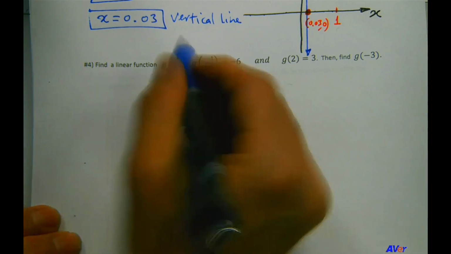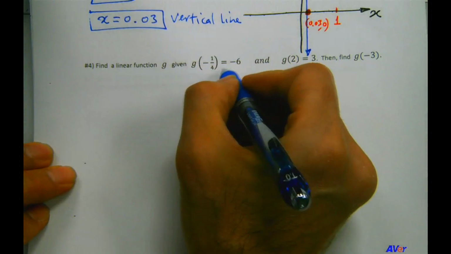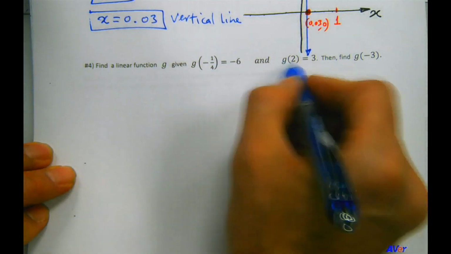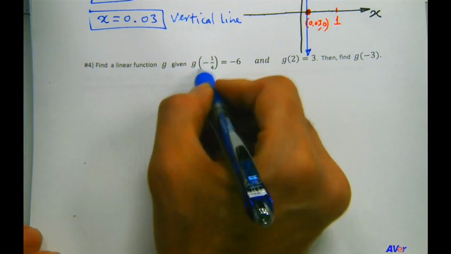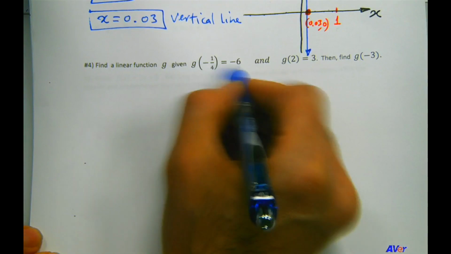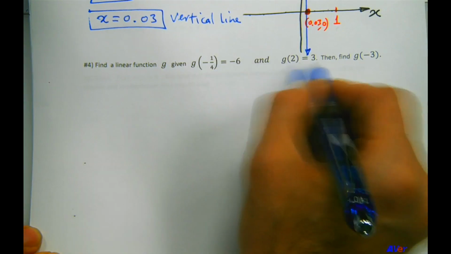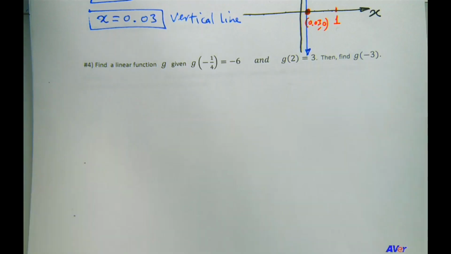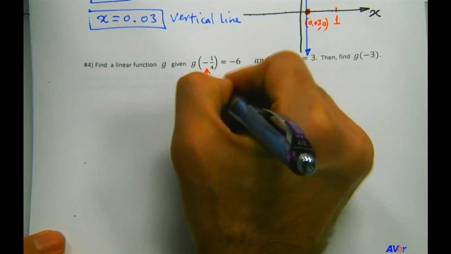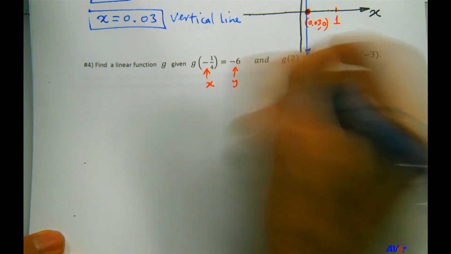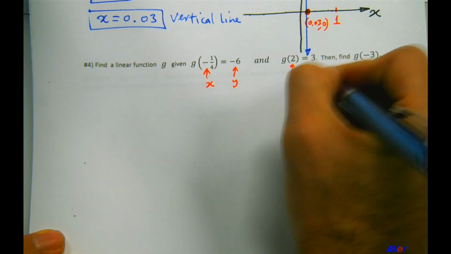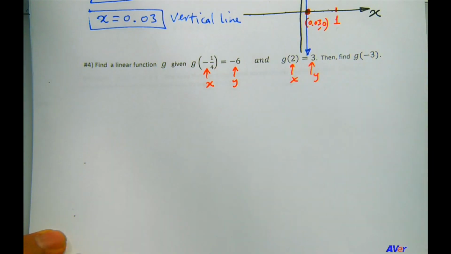Okay, great. So once again, this information is telling us one point. That's the coordinates of one point, and that gives us the coordinates of another point. In other words, that is the x value, this is the y value. That is the x value, that is the y value. Okay?